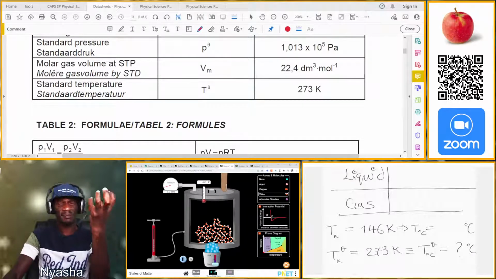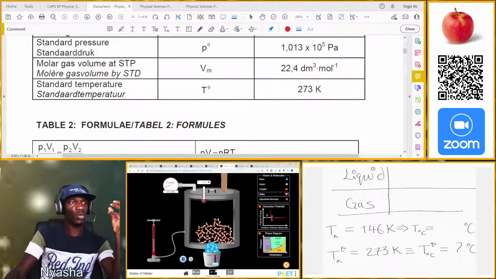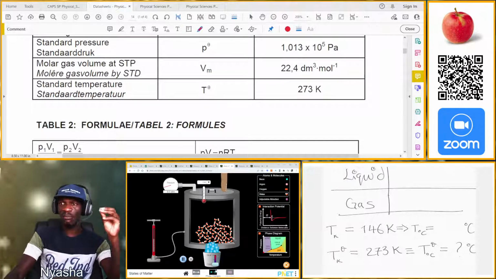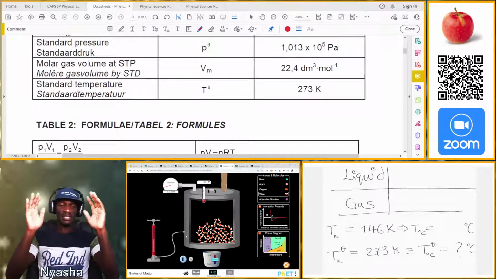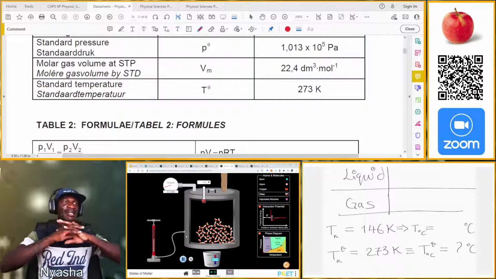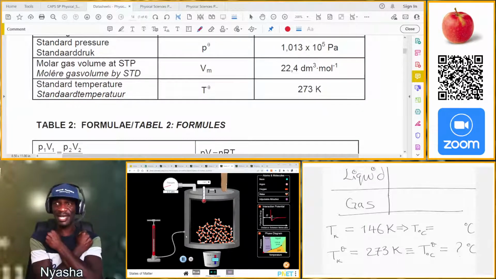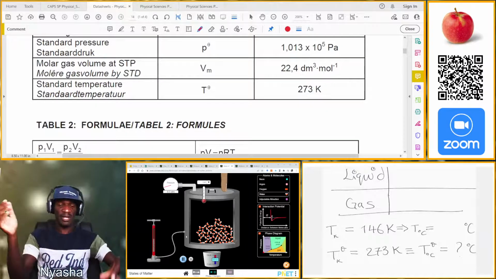All the energy that was stored in the molecules of water is being transferred to this coolant. So look at our molecules now. The molecules are bound together tightly and they're not mobile.